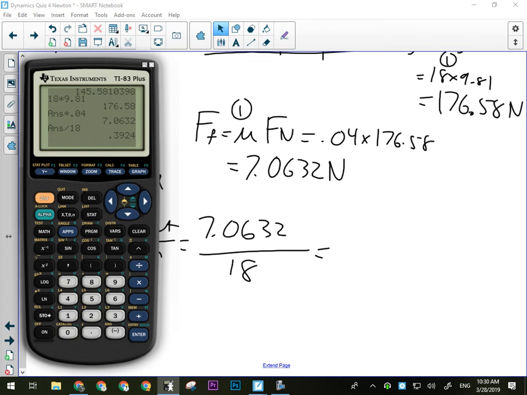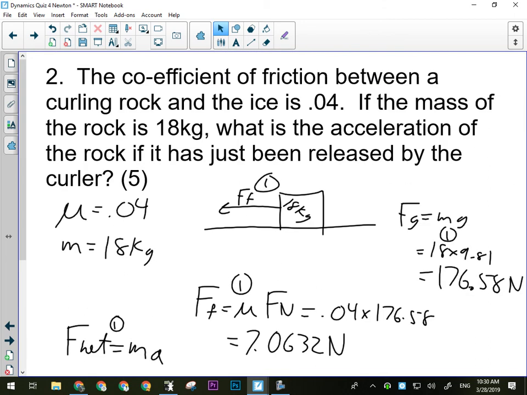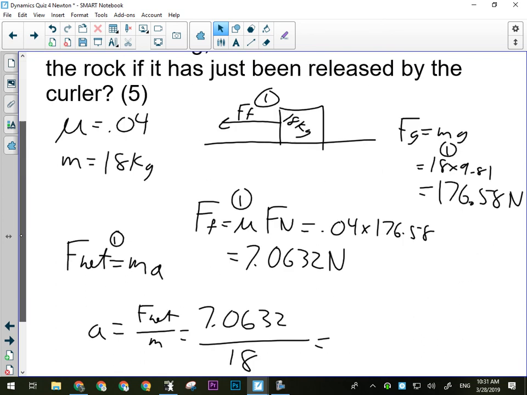So 0.3924, but we only have 1 significant figure here. That 0 is a leading 0, thus you didn't measure anything there. 4 is the only significant figure in that coefficient of friction.